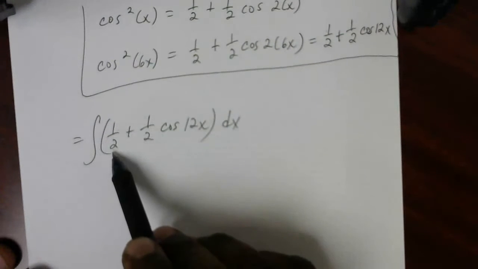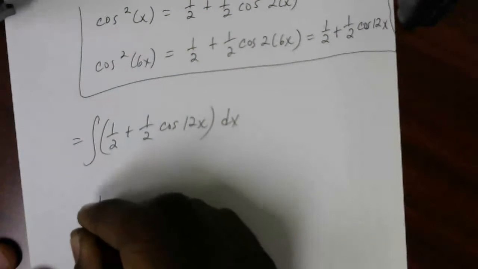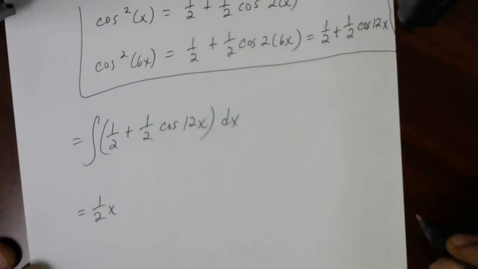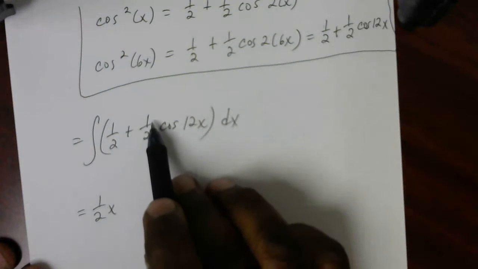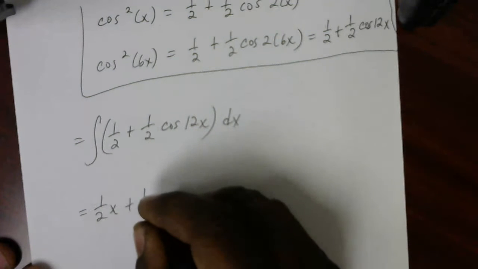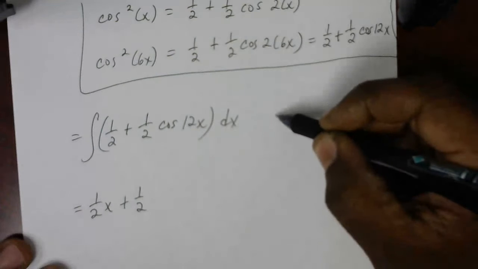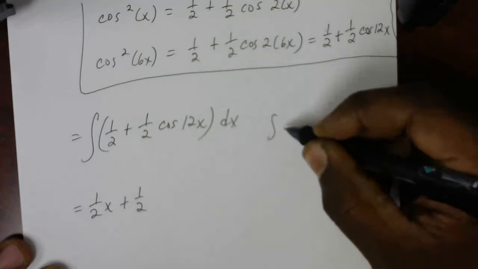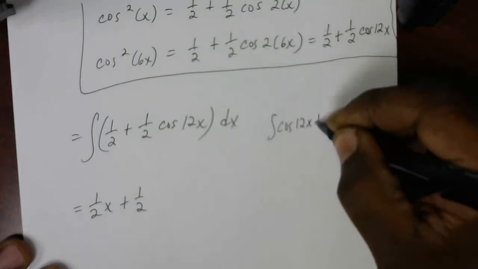So I'm going to integrate 1/2. So we have 1/2 x. Here again, I'm going to pull the 1/2 in front of the integral operator. And off to the side, I'm going to integrate cosine 12x.